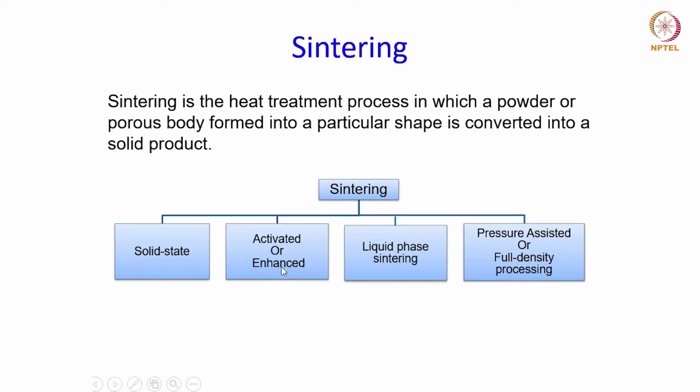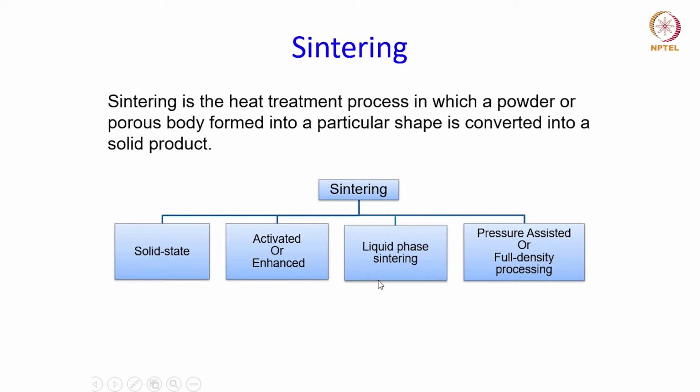For example, you can have activated or enhanced sintering, in which an agent or an activator can be added to enhance the sintering, or there are some other means also to enhance the densification. For example, a phase transformation can be used to enhance it.